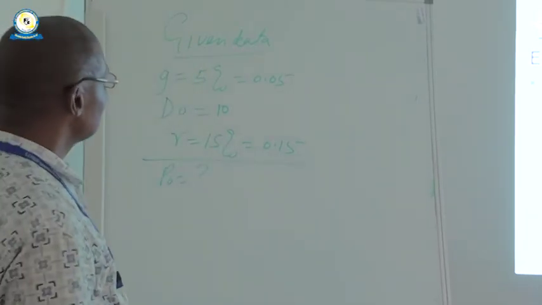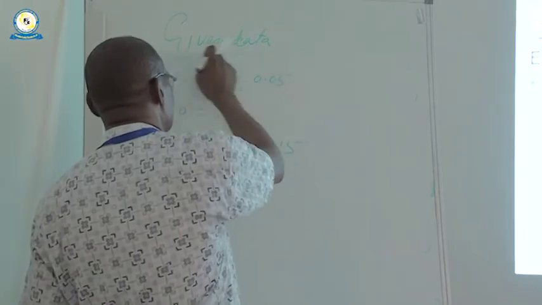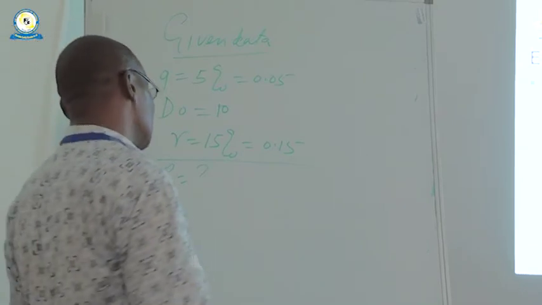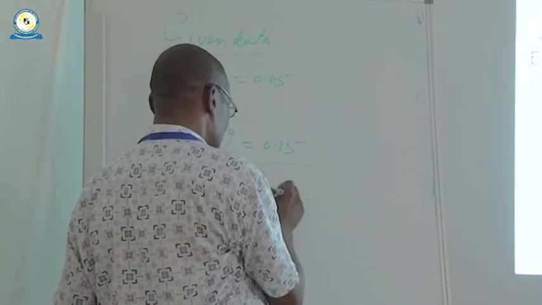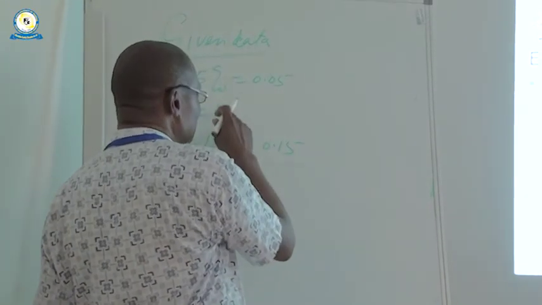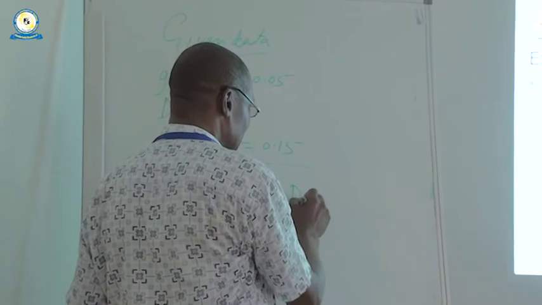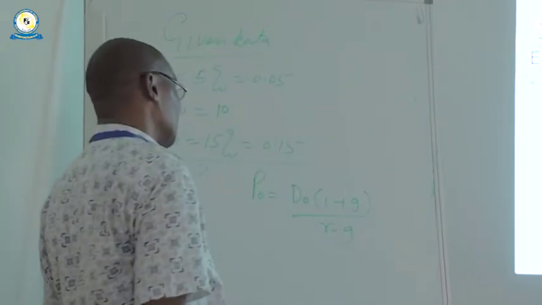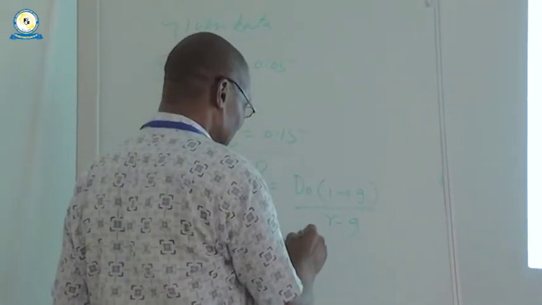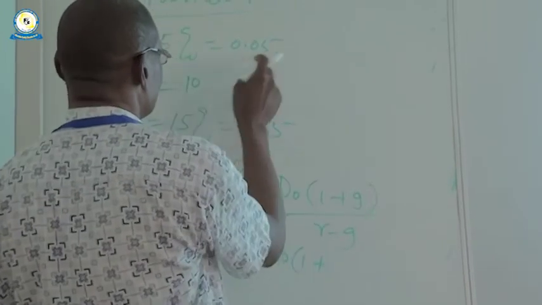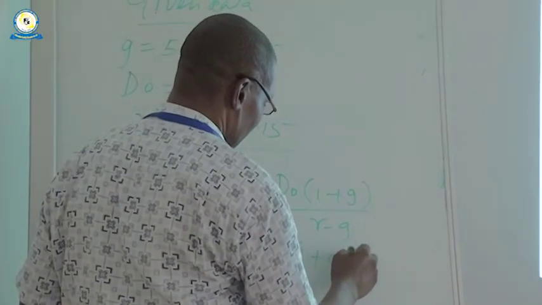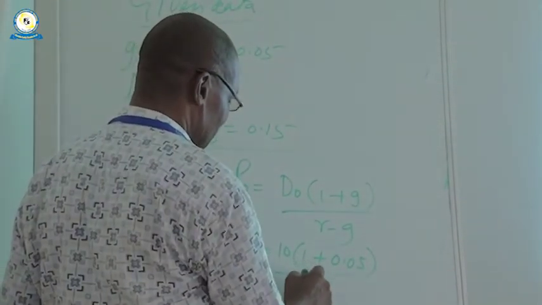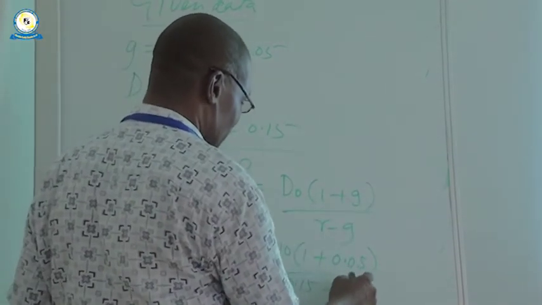Now, because the question is talking about the dividend steady growth, it means you say that price of the share is equal to, because you are given just paid dividend, then it will be D0 times 1 plus G over R minus G. Now our D0 is equal to 10, times 1 plus growth rate 0.05, divided by rate of return, which is 15%, 0.15, minus growth rate, which is 0.05.